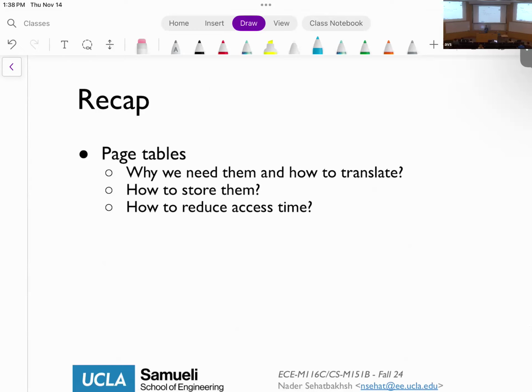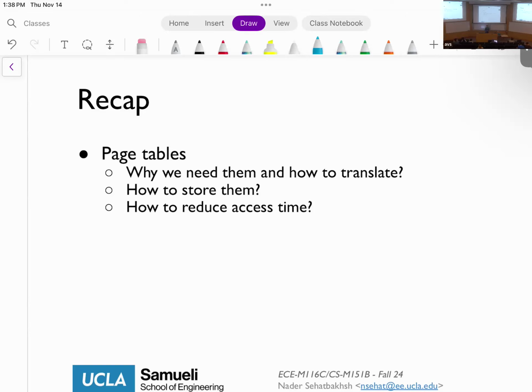But the page table has two problems. One is that it needs to be small, and the second is that it needs to be fast. In order to make it small, we use hierarchical page tables, where we only assign a new page when we need it. In order to make it fast, we introduced the idea of TLBs, translation lookaside buffers, where we remember the last few translations. This eliminates the need for checking the page table, okay? So these two things make things faster.